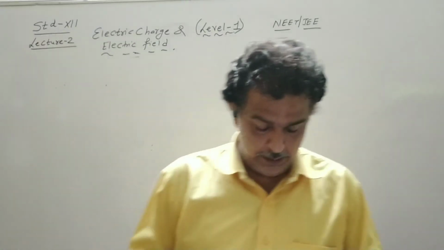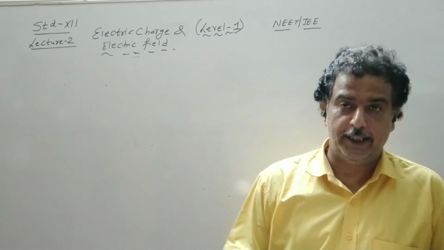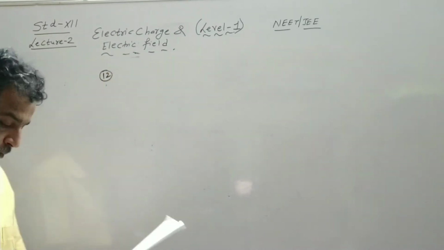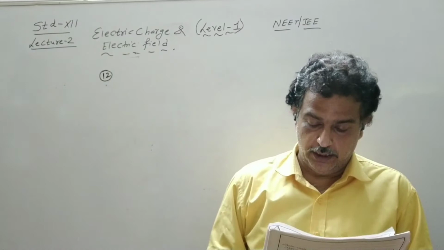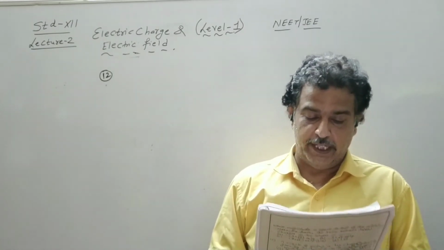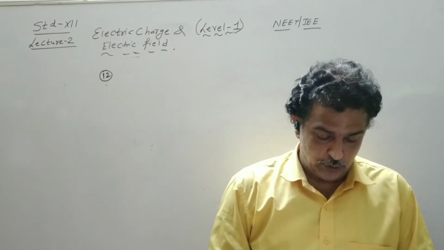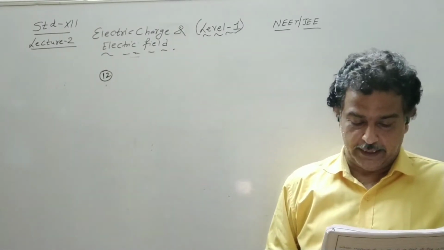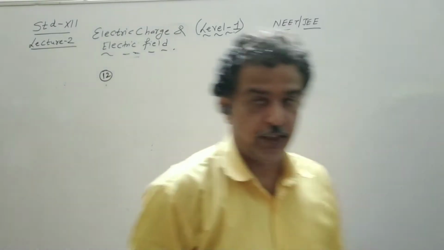Question number 12. We have two identical conducting spheres carrying different charges that attract each other with a force F when placed in air medium at a distance d apart. So two identical spheres are attracting each other. The spheres are kept in contact and then taken to the original separation.